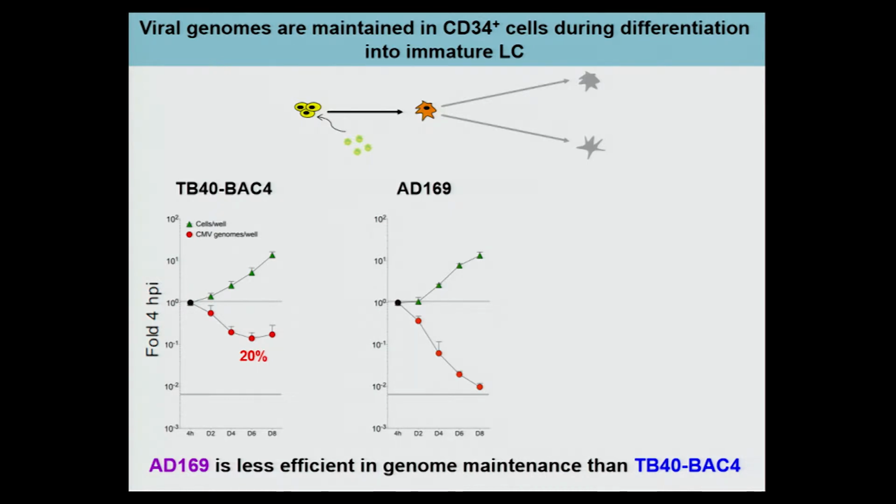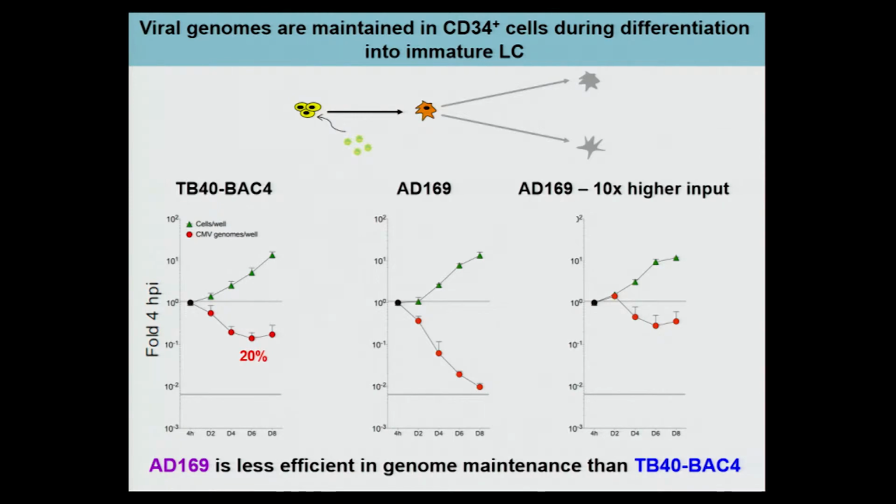With AG169, we see that the cells are again able to proliferate, but you see a more drastic decrease in the number of viral genomes. This decrease, though, is much less if you start the infection with 10 times higher initial input.